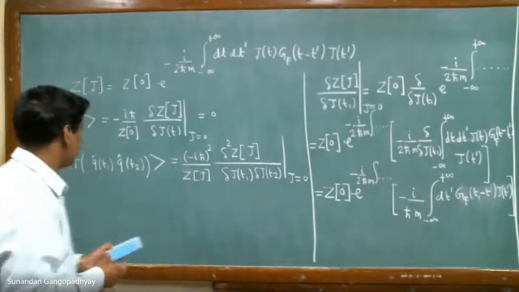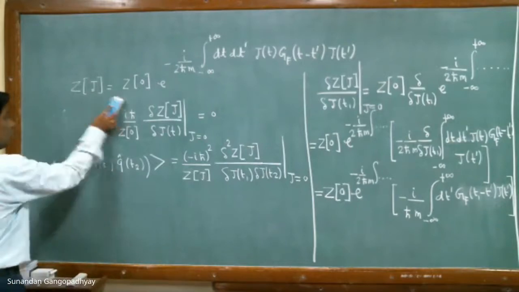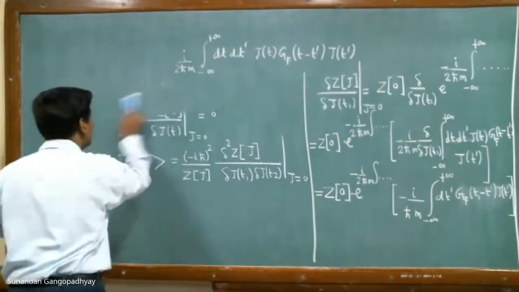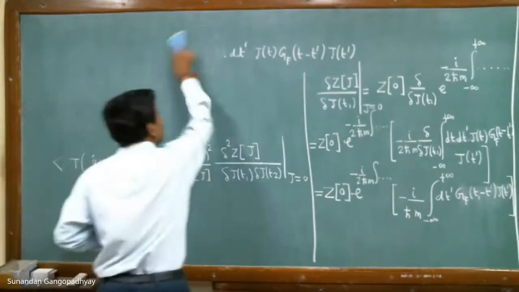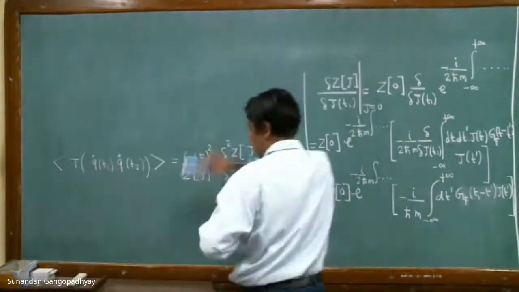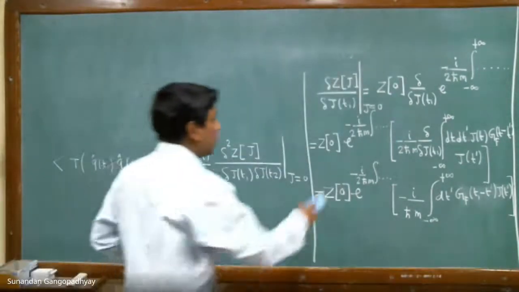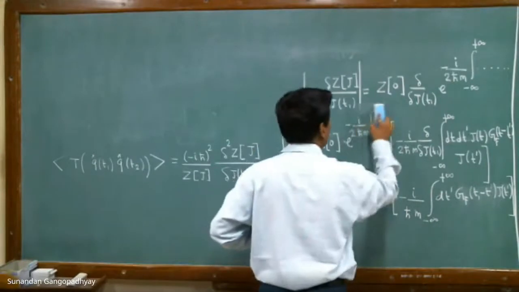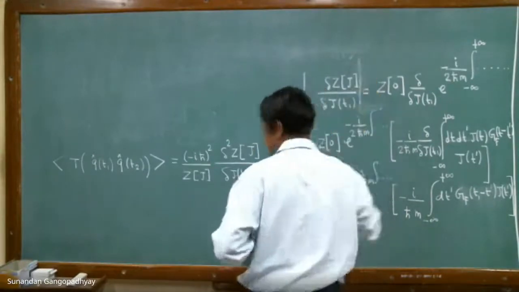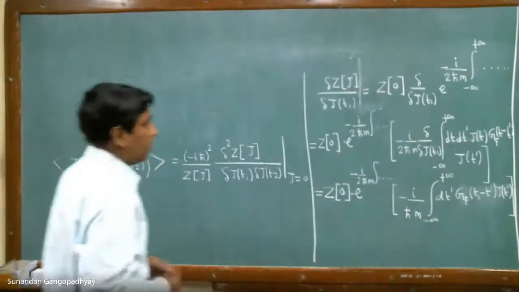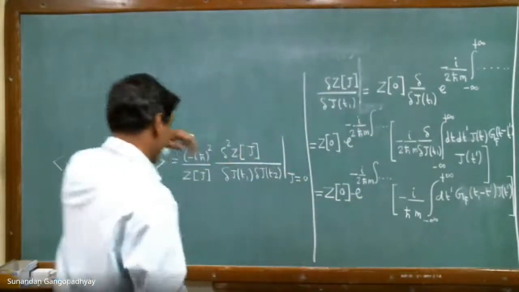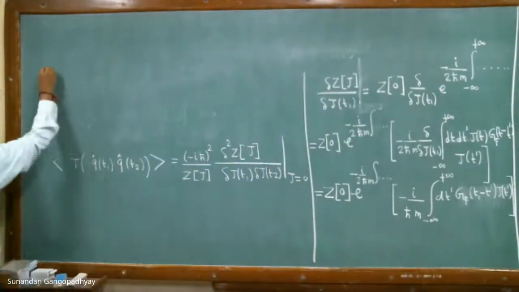But now we want to calculate the 2-point function. Therefore, at this point we cannot set J equal to 0. We have to keep it. And we have to again differentiate this expression. So let us do that.